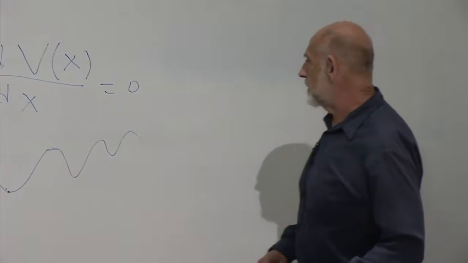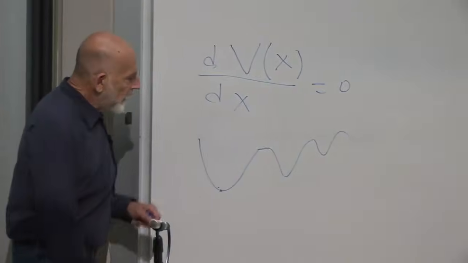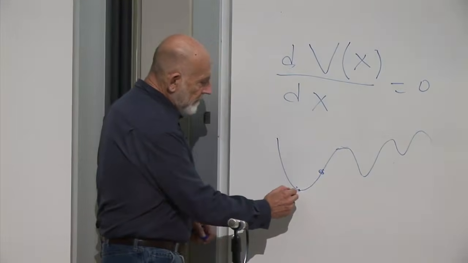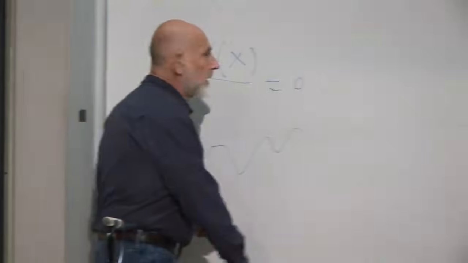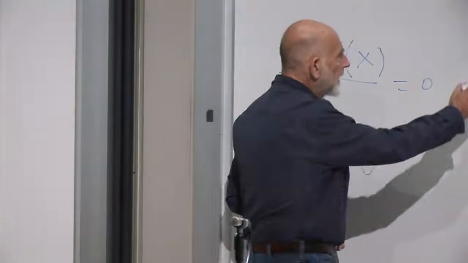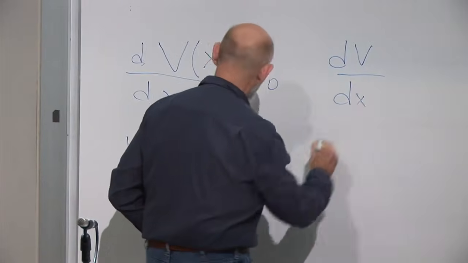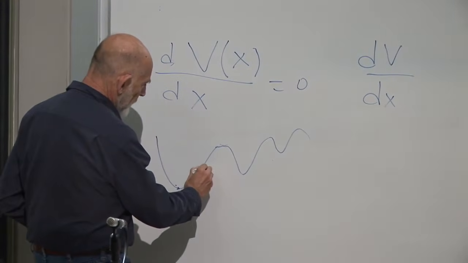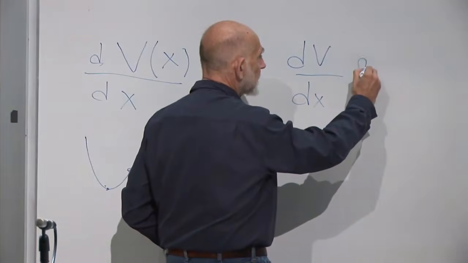But let's think about a small displacement of x. At the moment, we're not necessarily at the minimum. We might be at the minimum, we might be anywhere. And let's think about how much the potential energy changes when we move a little bit. And the answer is, of course, dV/dx times, let's call the motion delta x, times delta x.